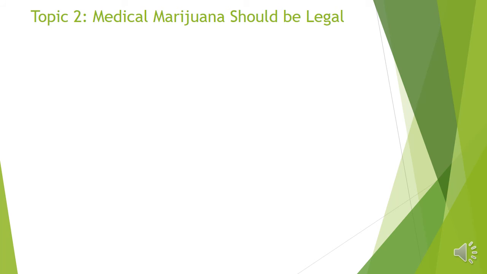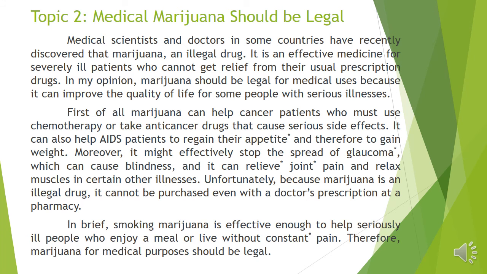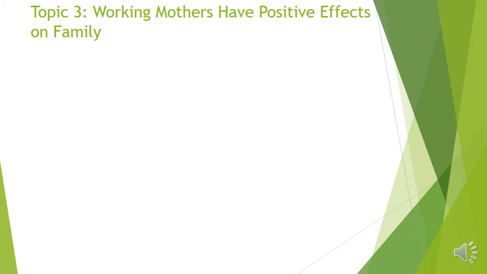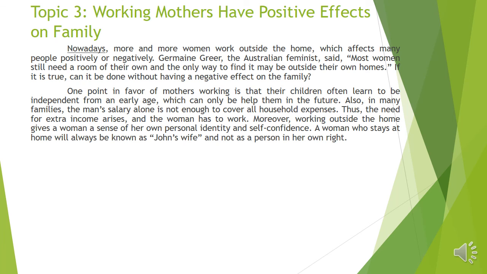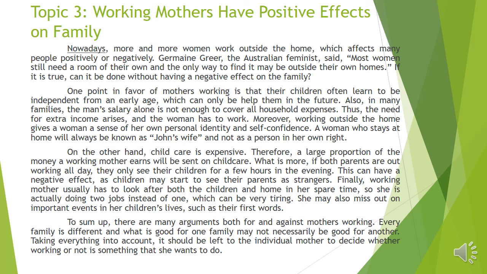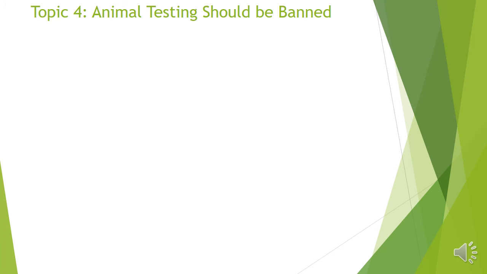And then topic 2 is medical marijuana should be legal. Topic 3, working mothers have positive effects on family. Okay, this is another example. You can read it yourself, and try to understand why the writer writes like that. And topic number 4, animal testing should be banned.